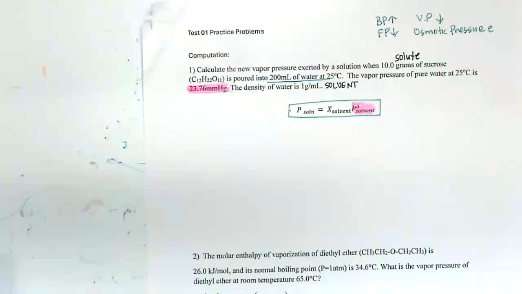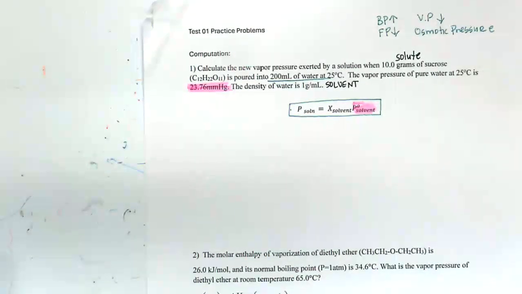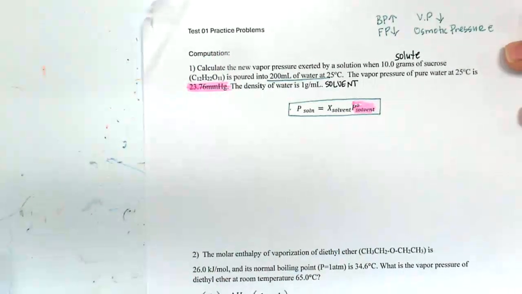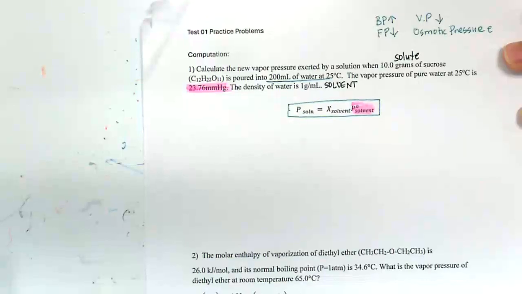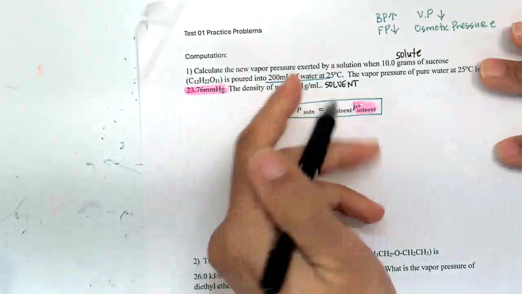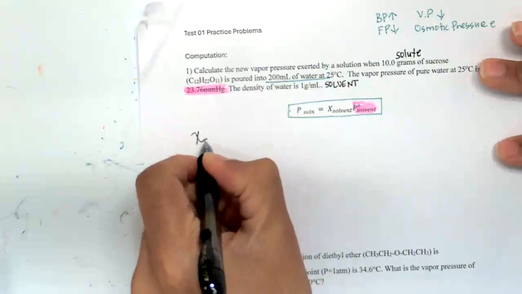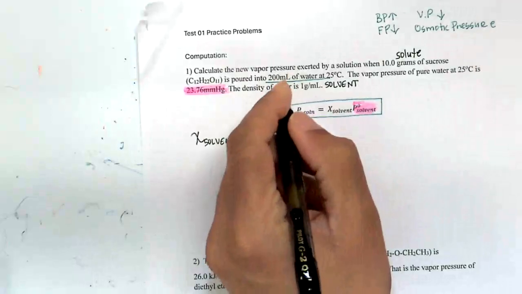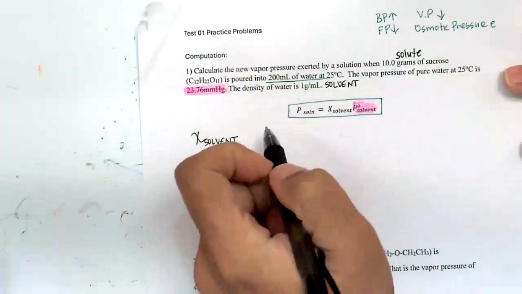But now we added sucrose, and we need to know the new vapor pressure. It's going to be lower than 23.76. This X here is mole fraction, and it says mole fraction of solvent, which I think you said, Sam, is water.